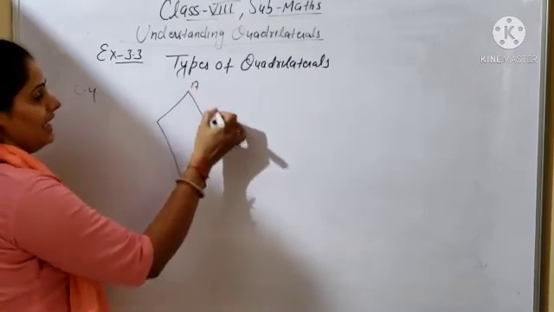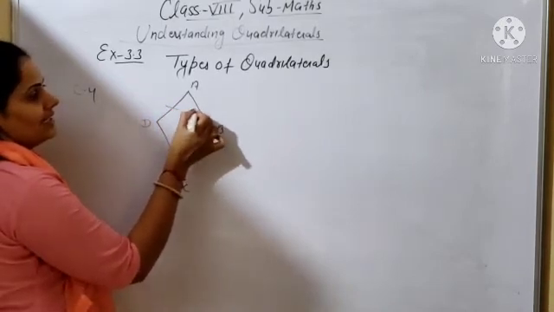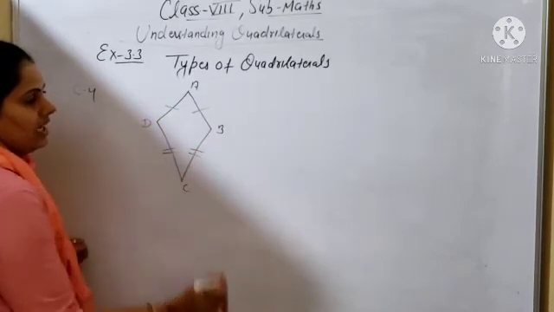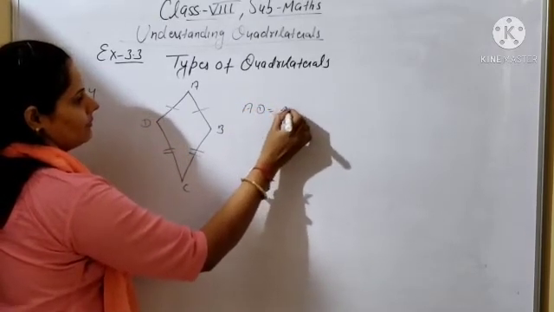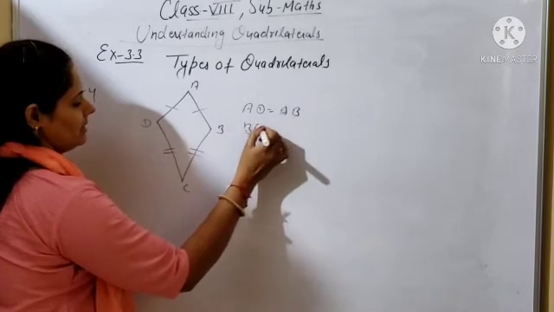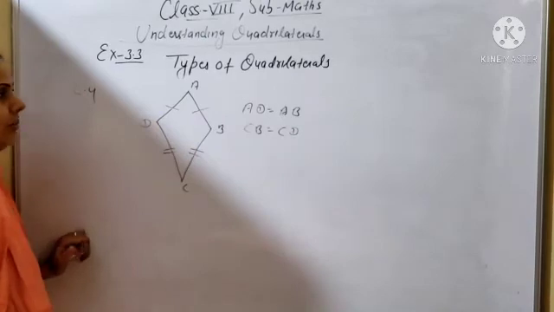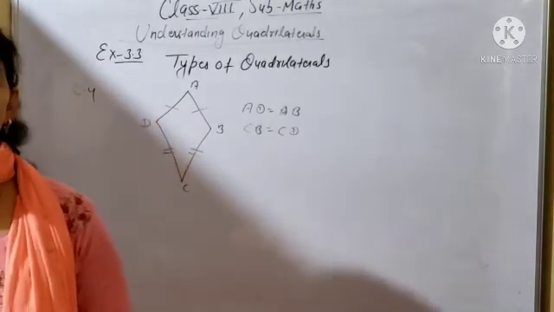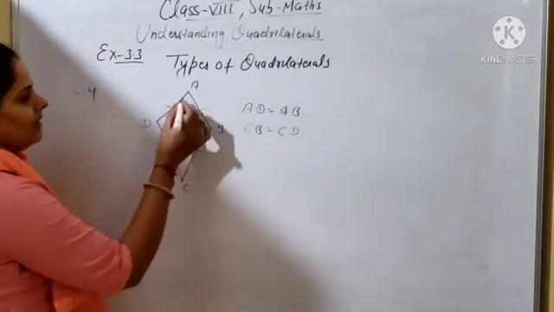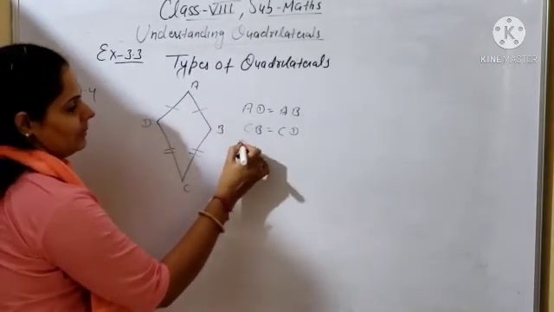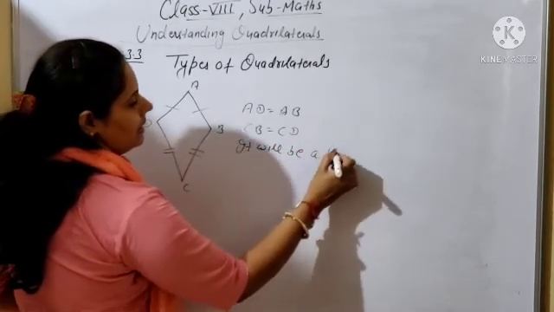So I am drawing this type of quadrilateral here. Which type of quadrilateral is this? You can recognize, beta: this side is equal to this one, and this one is equal to this one. It means AD is equal to AB and CB is equal to CD. So pairs of adjacent sides are equal, so it will be a kite.